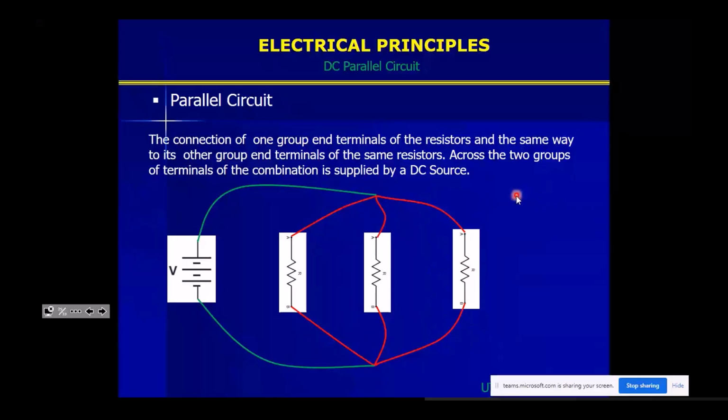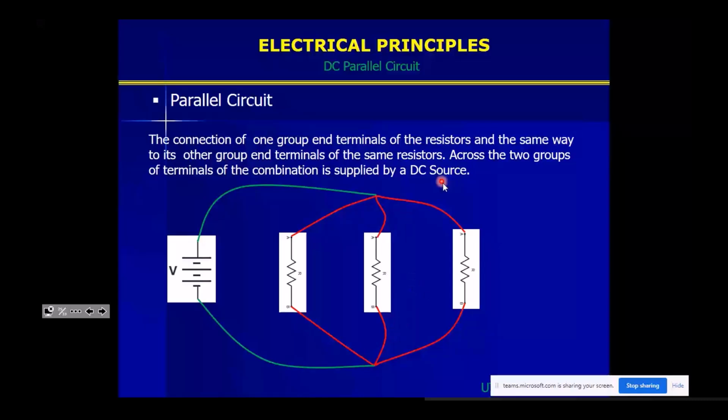Now, take note, the current goes out from the battery, starting from the positive side, going to this wire. But at this point, the total current is split into branches.